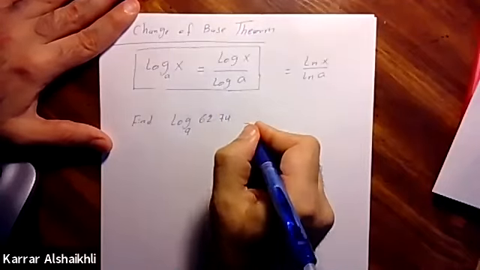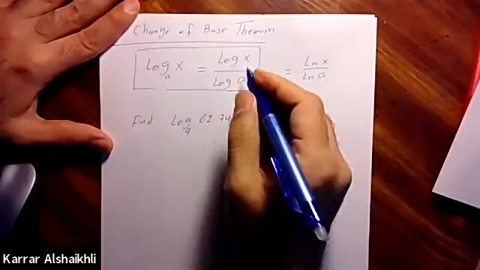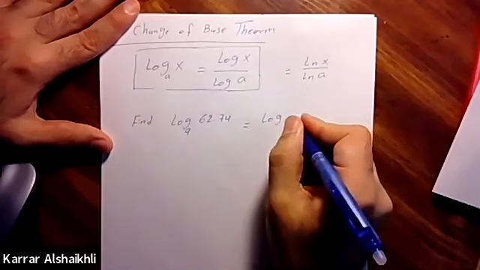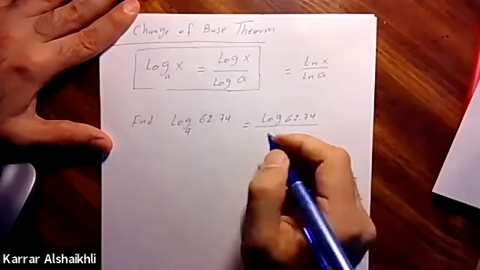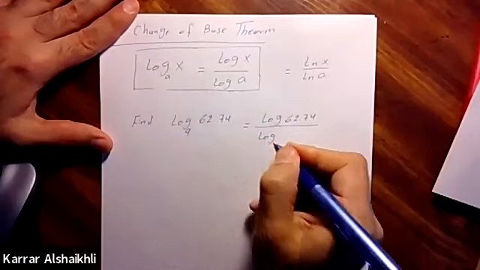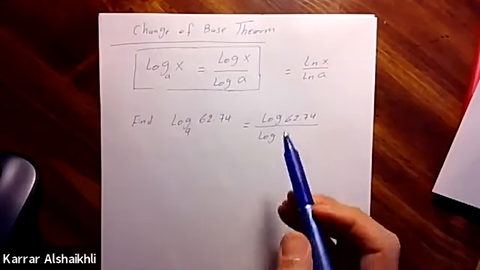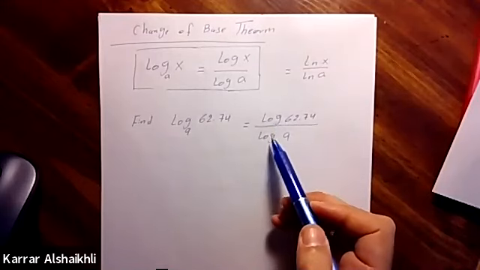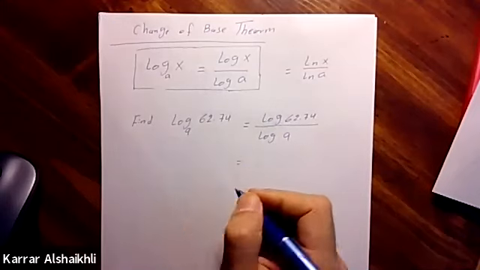So this one is going to be log of x, which is this number here, 62.74, divided by log of this number, which is 9. So on the calculator, you're just going to say log of this number divided by log of this number, and that is going to be the result.